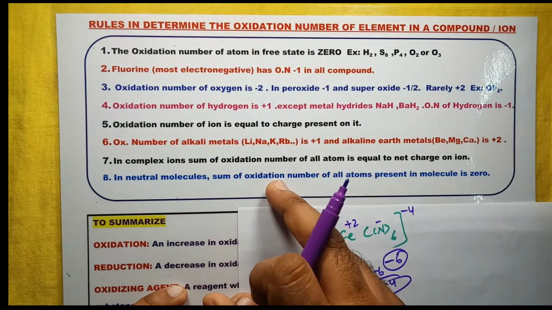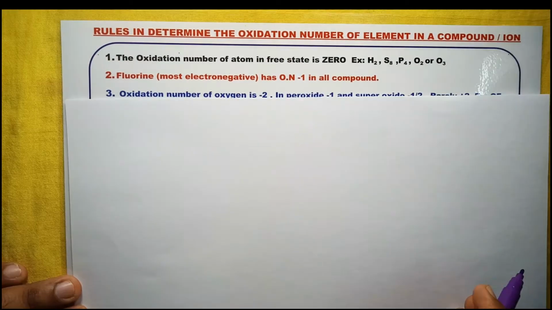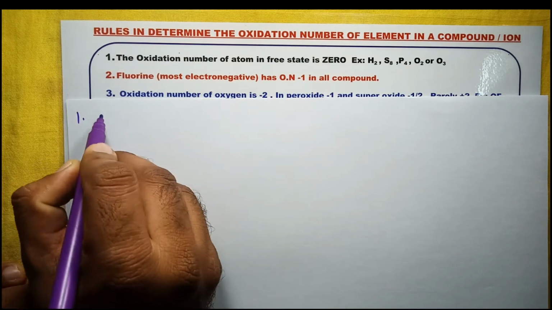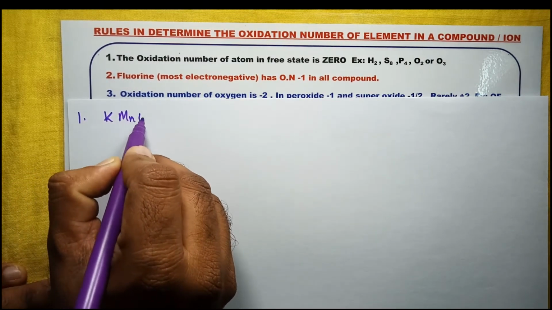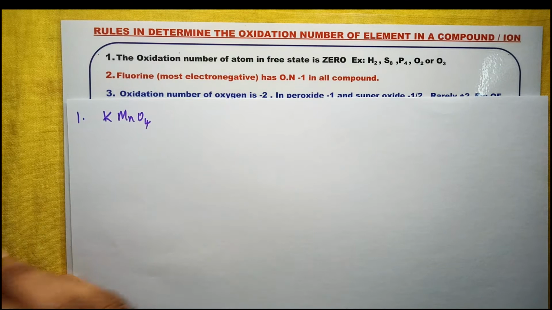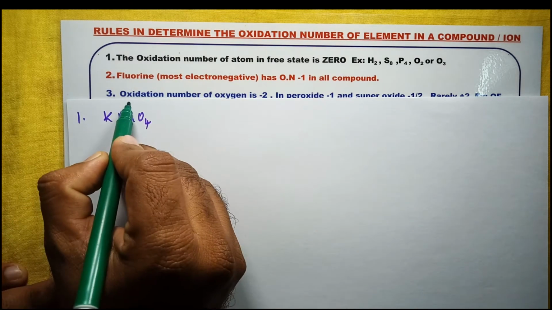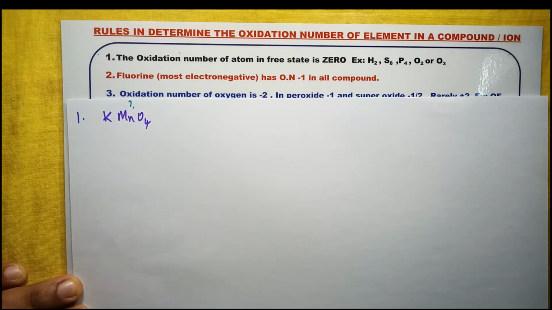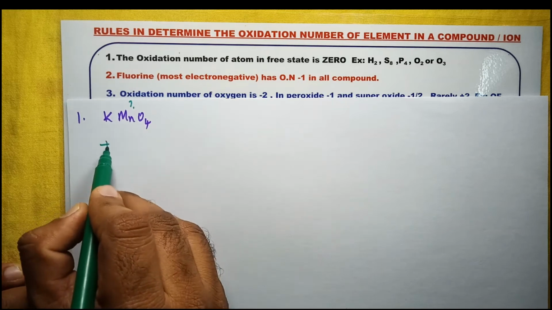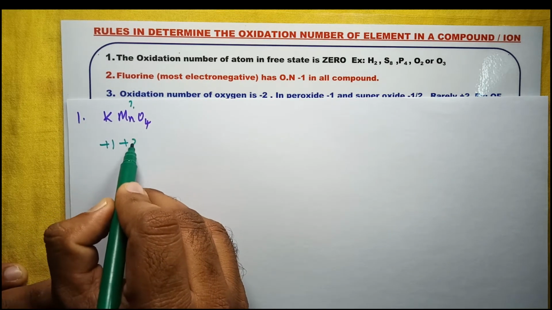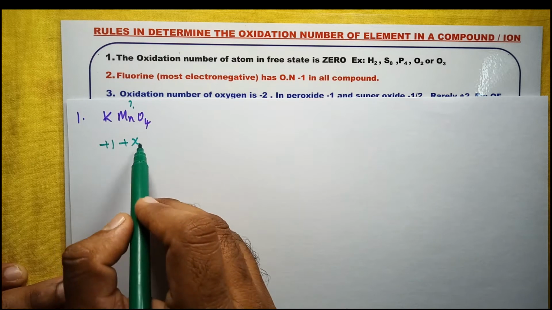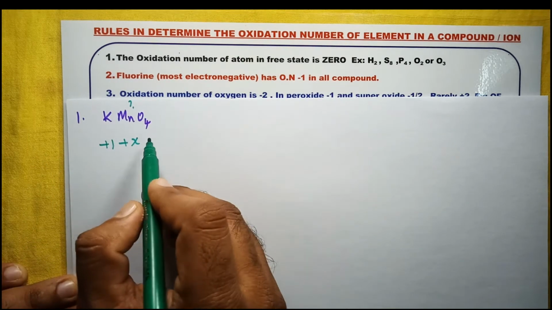Let's understand these rules by solving some examples. So friends, the first example I am taking here is KMnO4, potassium permanganate. What is the oxidation state of manganese here? Let's calculate. Potassium exists as +1 plus X. I am writing X, that is the oxidation state of manganese, which we are going to calculate.